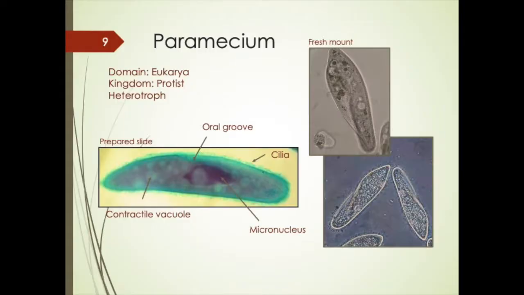So Paramecium is in the domain Eukarya, right? Because it has a nucleus. It actually has two nuclei. It has a micronucleus and a macronucleus. It has a contractile vacuole.